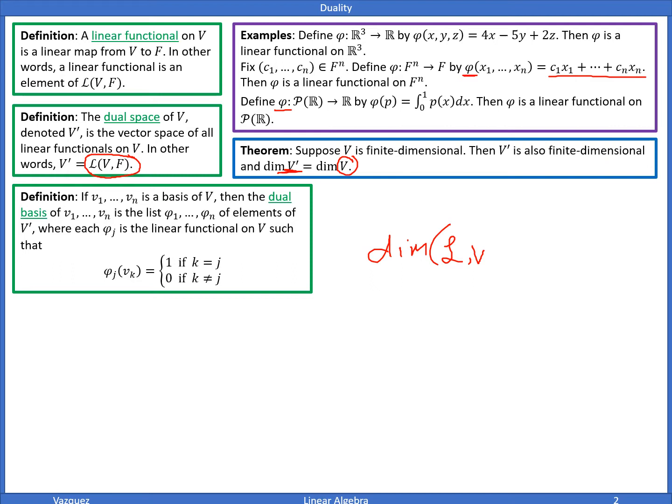The dimension of L(V, W) is equal to the dimension of V times the dimension of W. Remember that theorem? So that's where we're getting that from. We're multiplying the dimension of V times the dimension of F, which gives us the dimension of V.